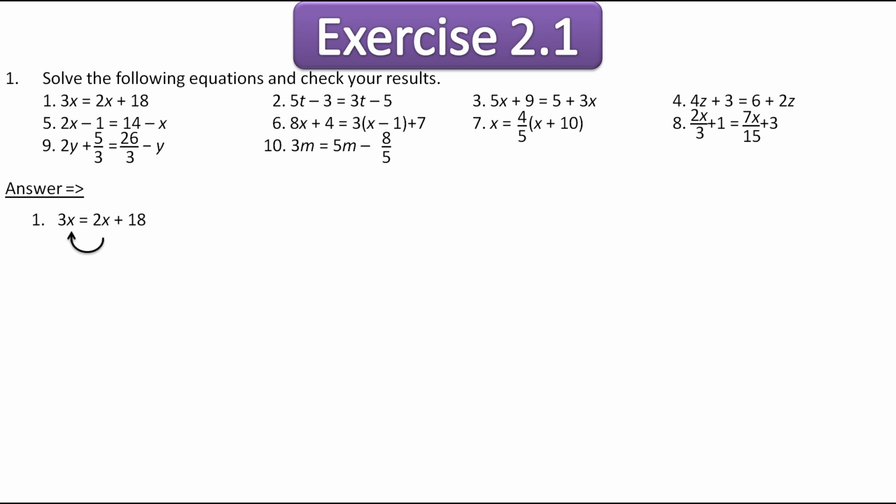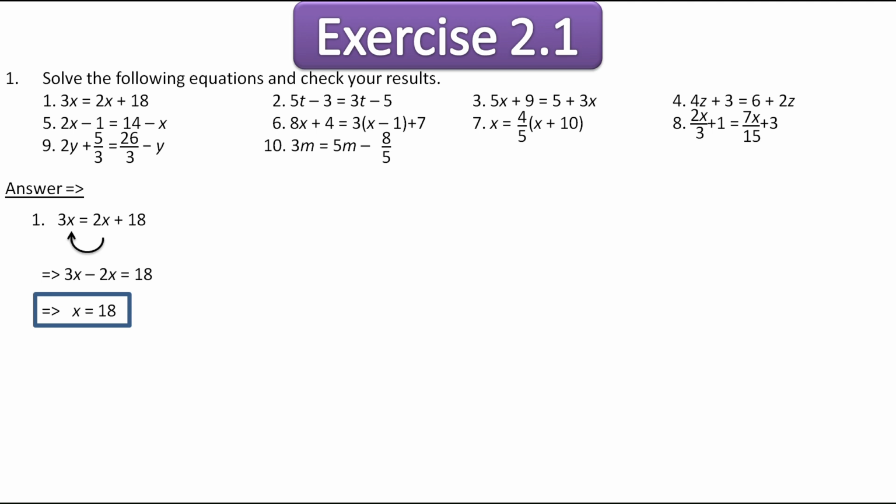Now here 2x has a plus sign, so when I send this 2x to the left hand side, we have to change the sign. That means this plus 2x will become minus 2x. So it will become 3x minus 2x, and in the right hand side only 18 is remaining. So 3x minus 2x is what? X. And in the right hand side we have 18. That means the value of x is 18.